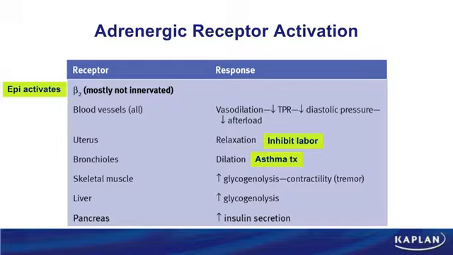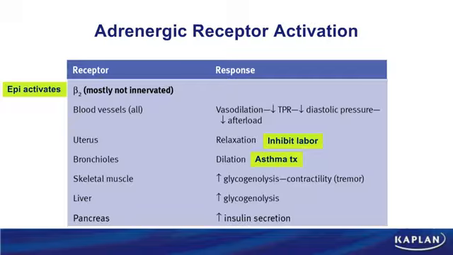This is the primary action of beta-2 activation to increase blood glucose. On the pancreas, there are beta-2 receptors on beta cells. They're not as numerous as alpha-2 receptors on the pancreas. So remember earlier, we said alpha-2 is the predominant adrenergic receptor on the pancreas, and it causes a decrease in insulin secretion.